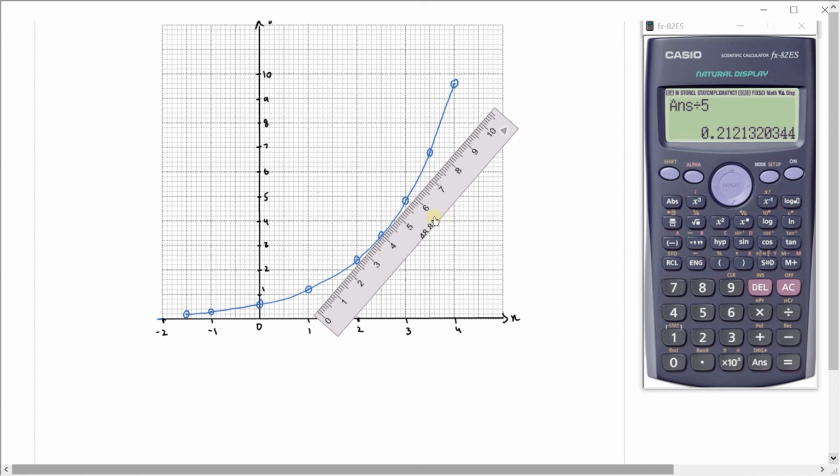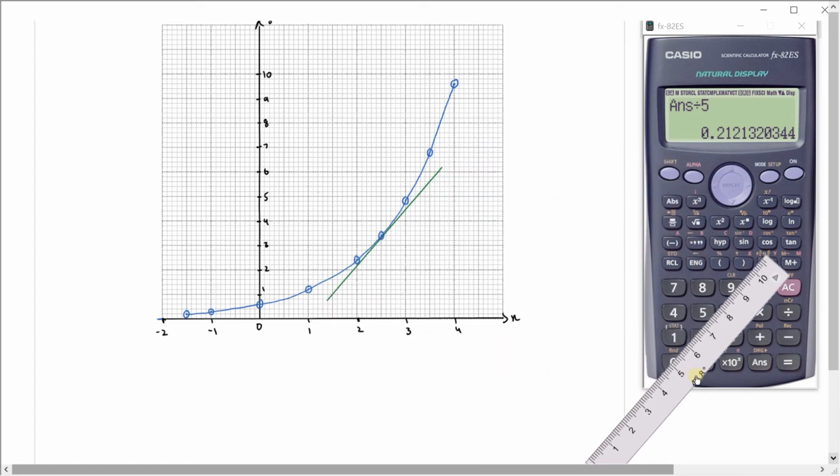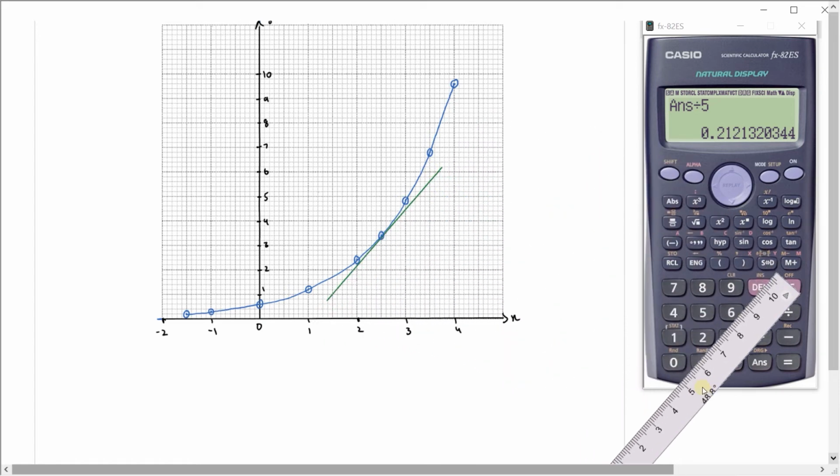I think this looks good. So let me draw a line here. So this just touches the graph at x equals 2.5.